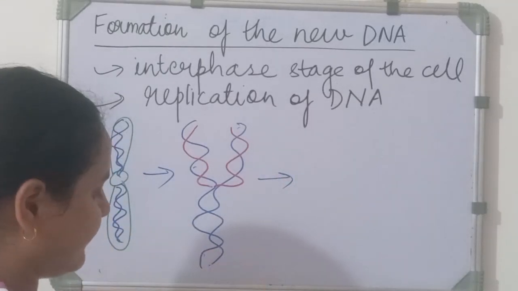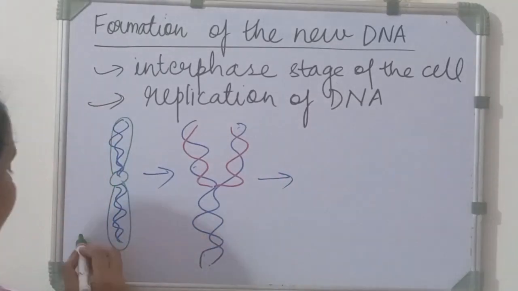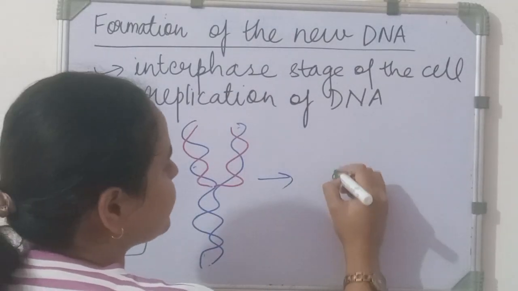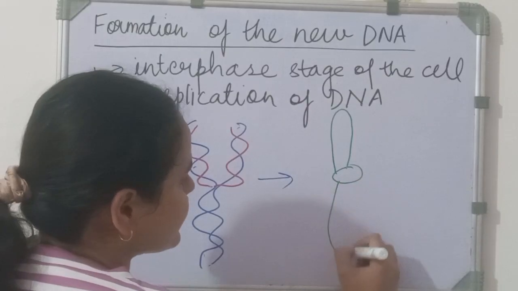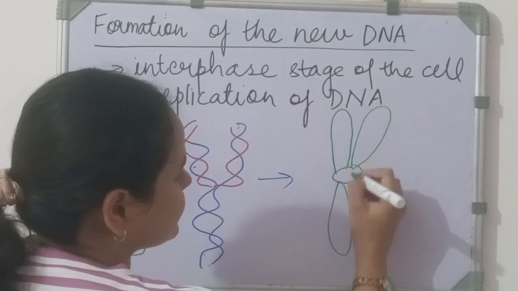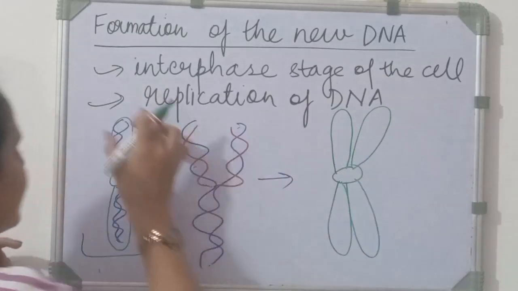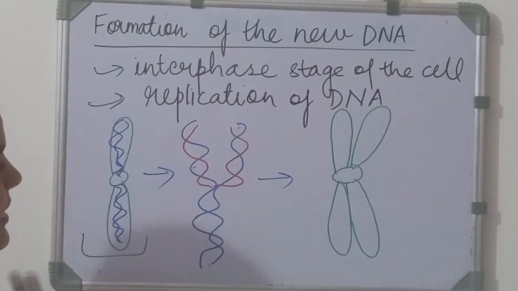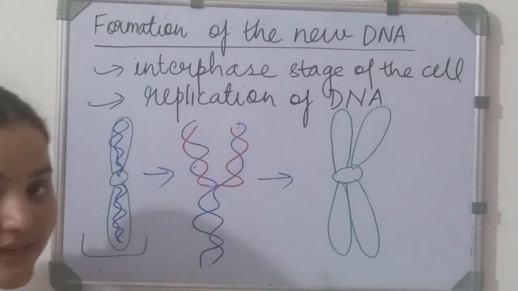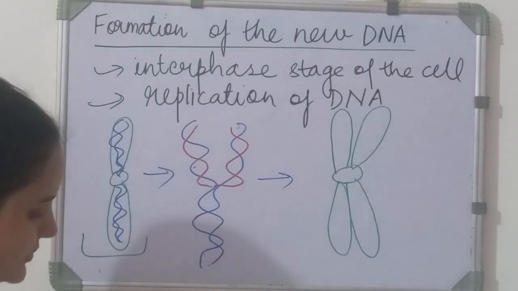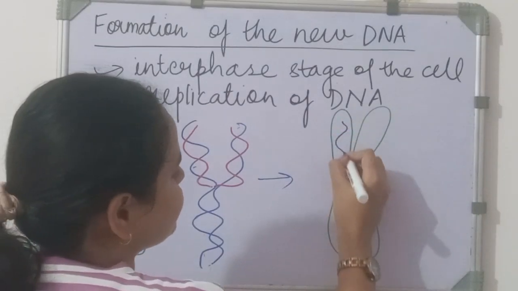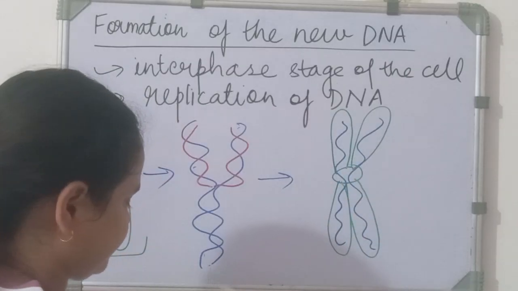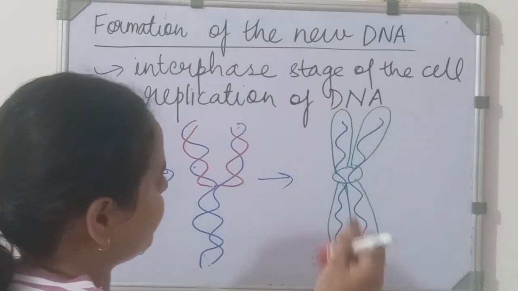Initially our chromosome was looking like this. Now our chromosome has two chromatids. Initially only one chromatid was present, now we have two chromatids, because our amount of DNA has also doubled. So this is the new DNA which has formed.